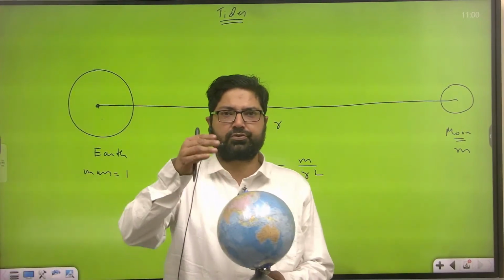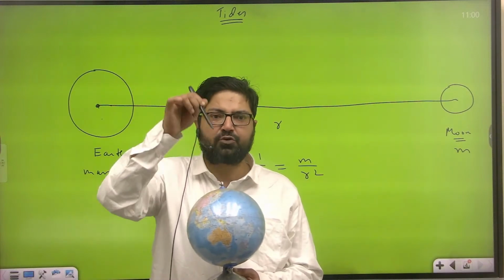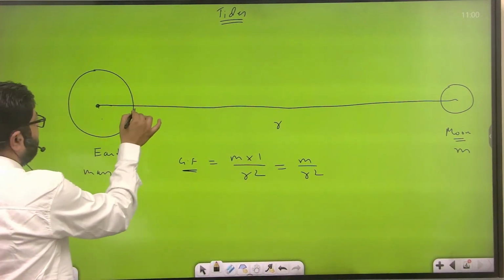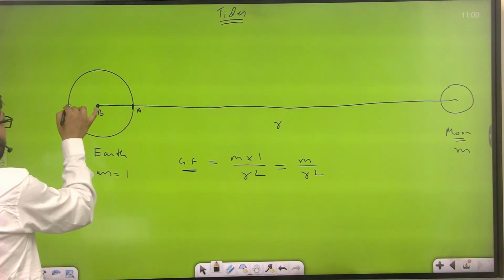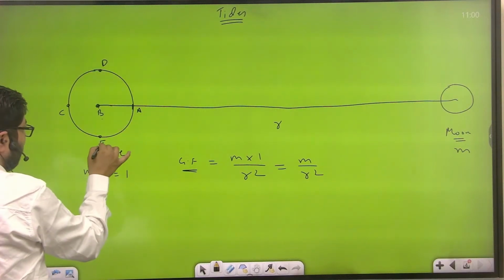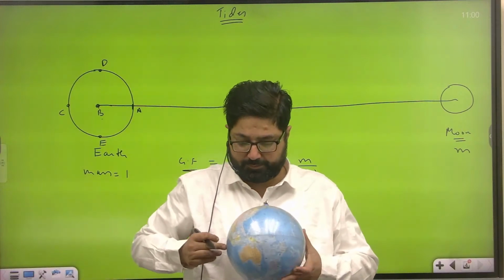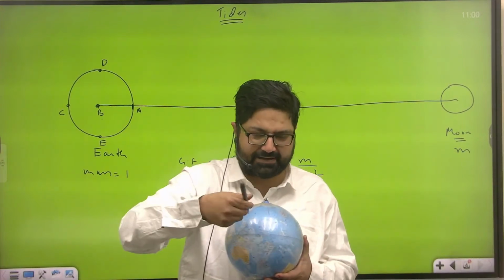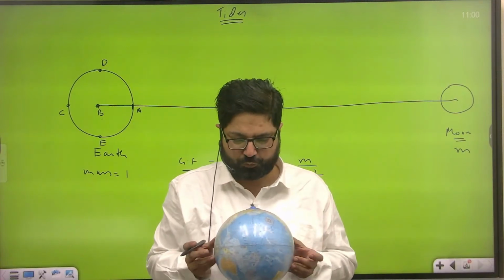Now suppose you are Moon and this is Earth. Distance from Earth center to Moon center is r. Now suppose this surface is A, center is B, this is C, this is D, and this is E. What is D and E? Take a circle around the center, these 2 points.